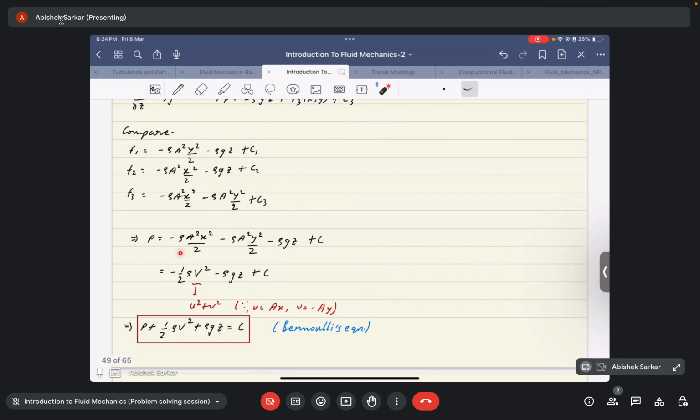So simplifying this expression, we get that p is equal to minus rho v square by 2 minus rho g z plus c, where v square is equal to u square plus v square, u is equal to ax and v is equal to minus ay, as we just discussed here.